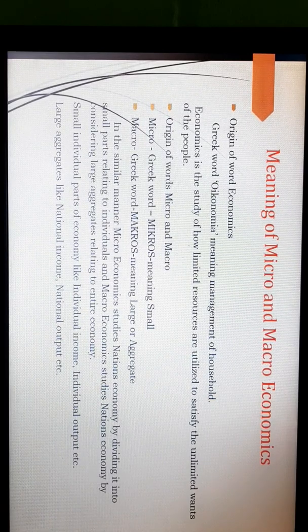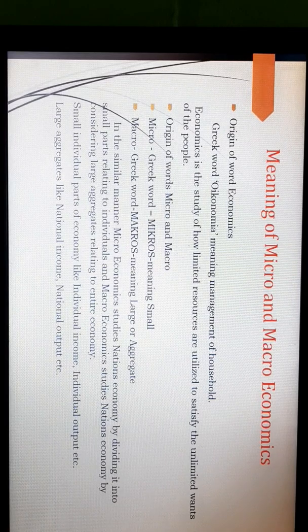Okay, so if you will see the examples of small individual parts of economy, you will see that these two things which we can see on the screen, that is individual income and individual output. It's related to individual person or individual industry. And when we talk about large aggregates like national income and national output, they cover the entire nation.